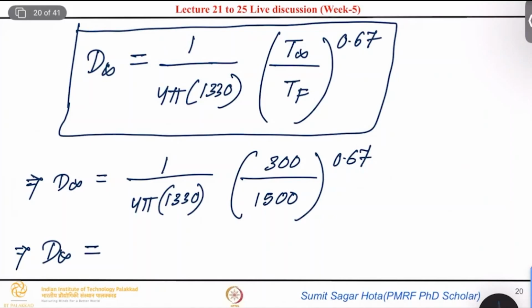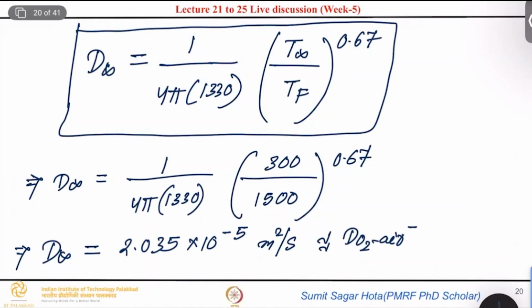Now this value comes out to be 2.035 into 10 to the power minus 5 meter square per second, which is equivalent to D of O2 in air, which is equal to 2.1 into 10 to the power minus 5 meter square per second.